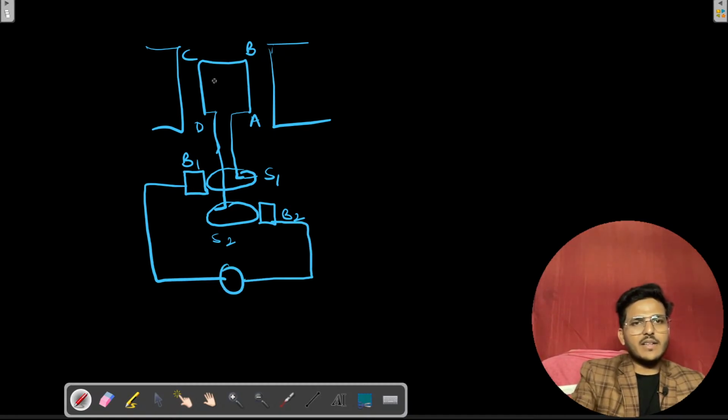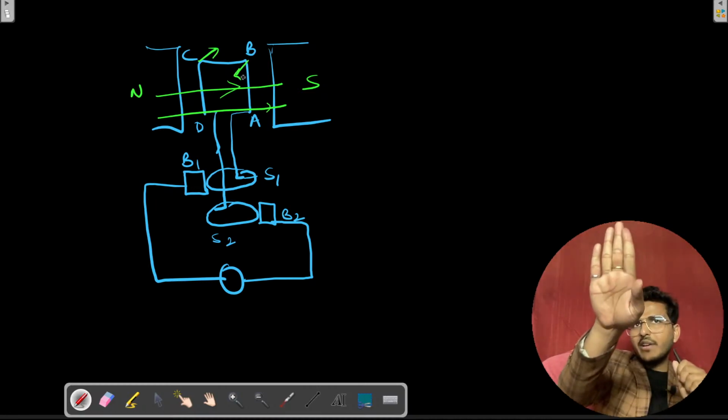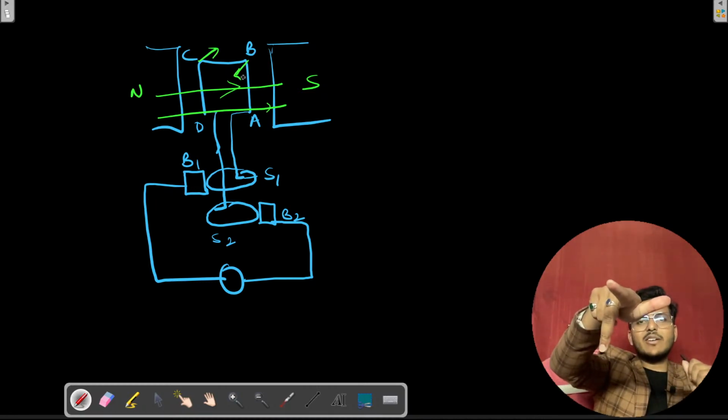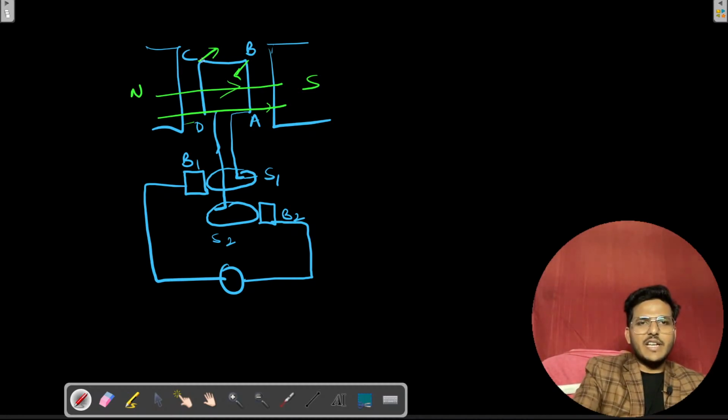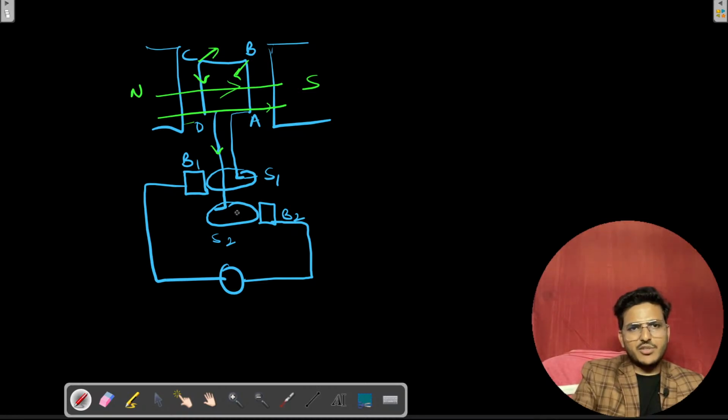Again the direction of magnetic field is from north to south. This time CD moving inwards and AB outward, applying right hand rule. Again current in CD branch from C to D, it comes at S2, B2, and then after in this way at B1, S1, A.